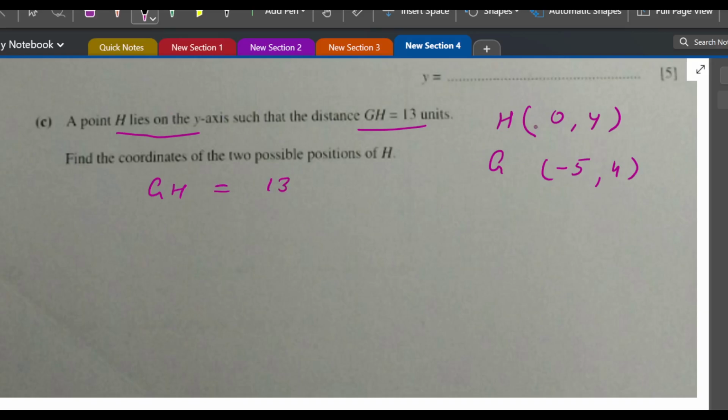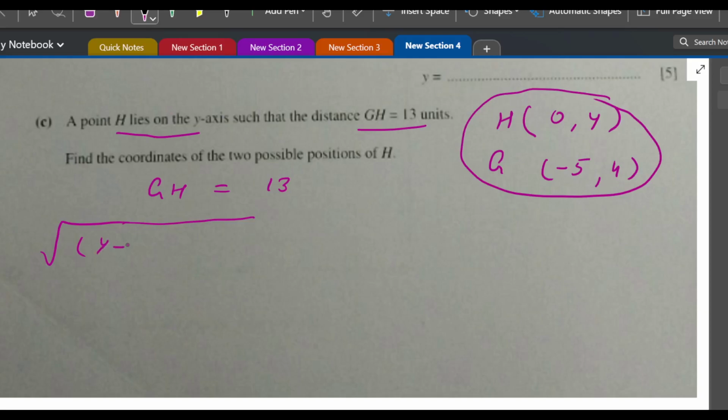Okay, now from these coordinates, can I find GH? It is the square root of what? I will say that y minus 4, the whole square, plus 0 minus of minus 5 is what? 5. It's 5 square. And here it's 13.